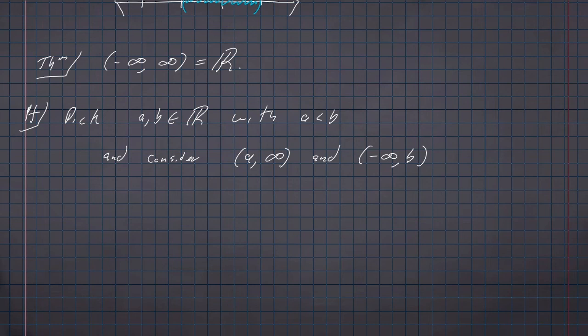So, having created that, let's take a look at this interval from a to infinity and this interval from -infinity to b. And what would happen if we took the union of these two sets? Well, we'd have -infinity to b union with a to infinity, which we could draw out on number lines the same way we did on that previous proof.